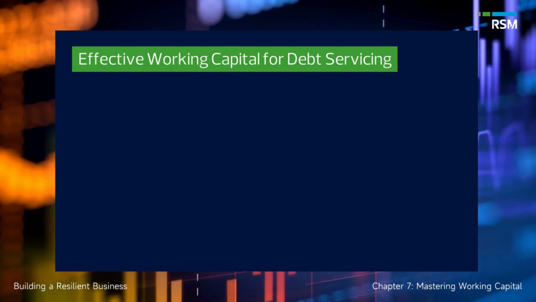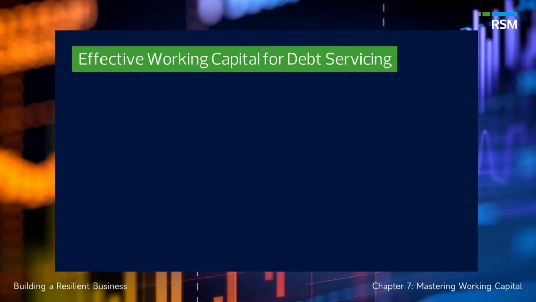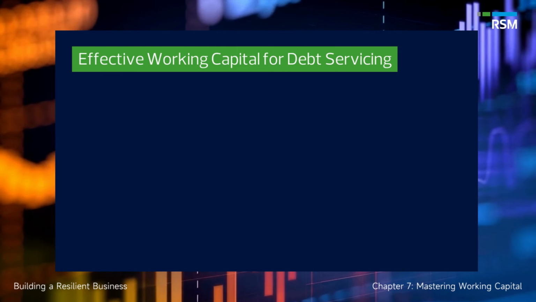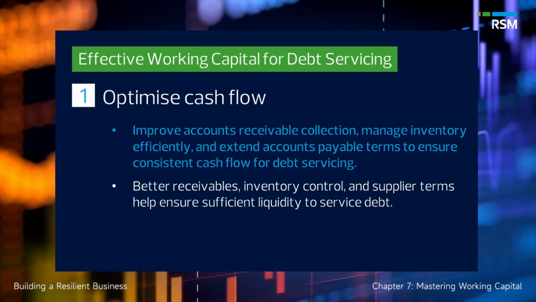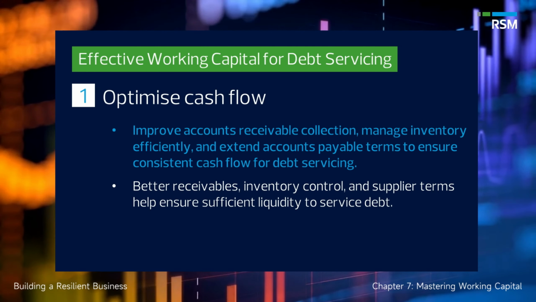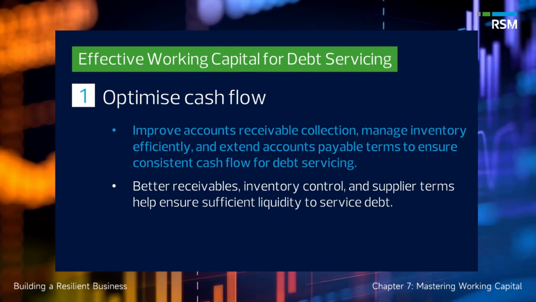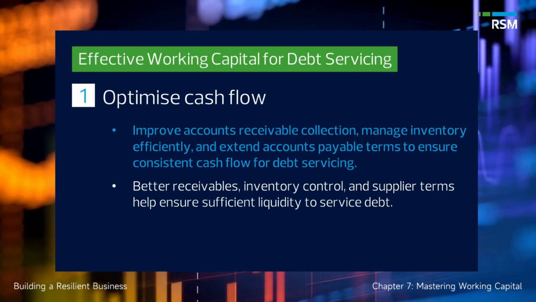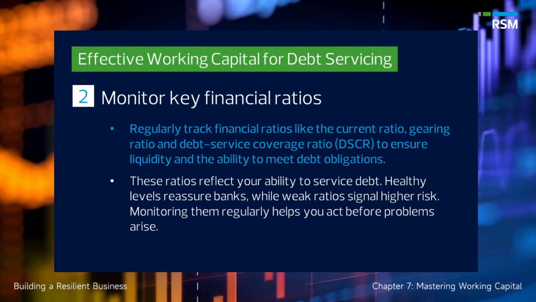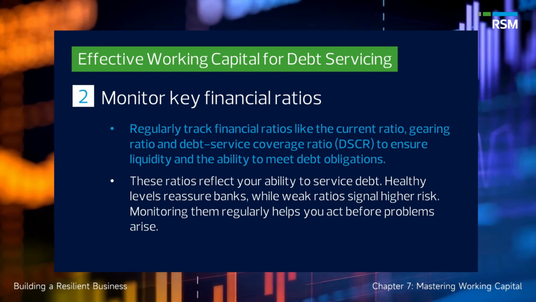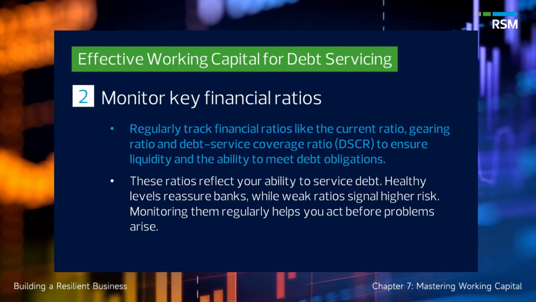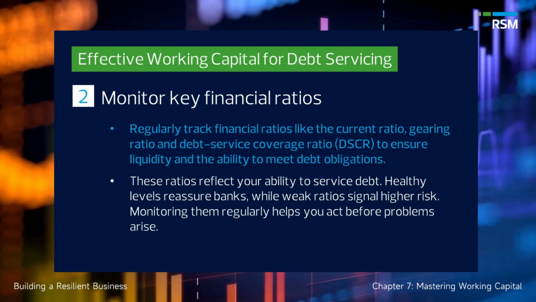In this segment, we explore how smart working capital management supports debt servicing. First, improve cash flow by speeding up collections, manage inventory tightly, and negotiate longer payment terms with suppliers to maintain liquidity for repayments. Next, keep an eye on key financial ratios like the current ratio, gearing ratio, and debt service coverage ratio.